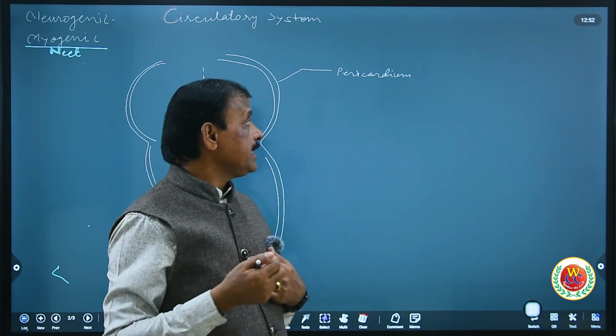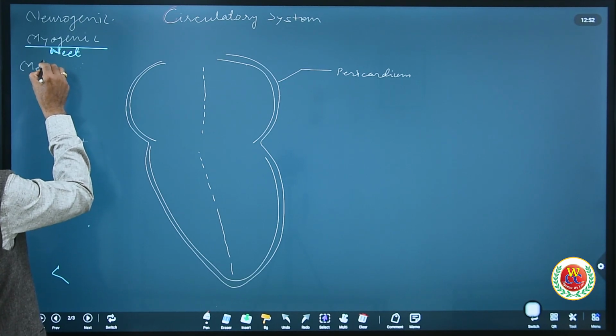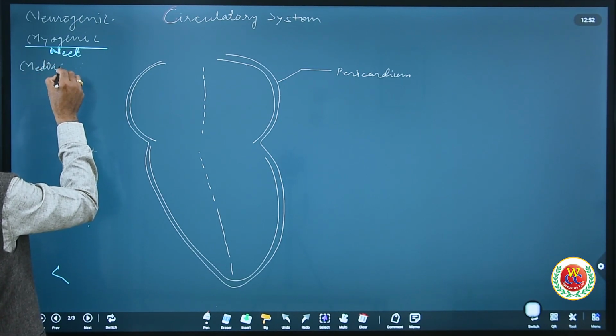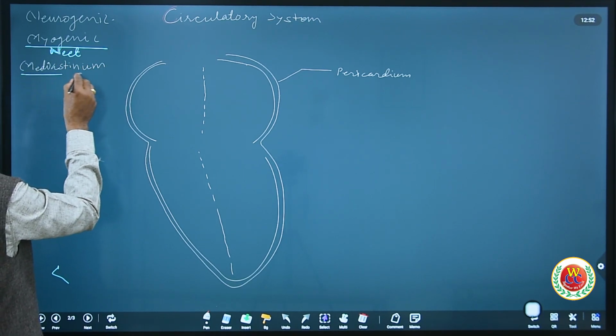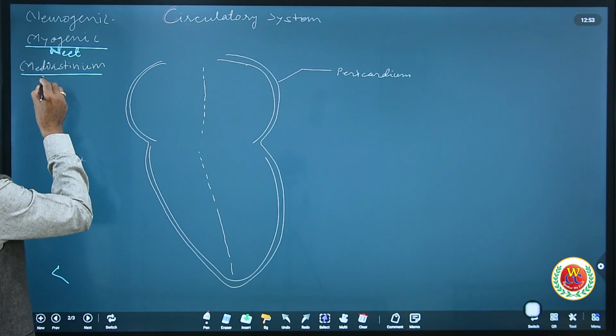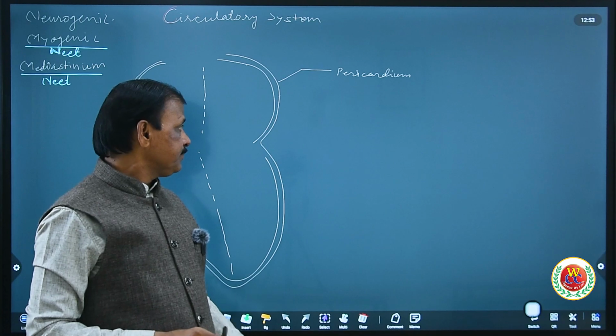Remember the word mediastinum. This word is also a point for NEET, it can be asked: the cavity in which this heart is placed, mediastinum.